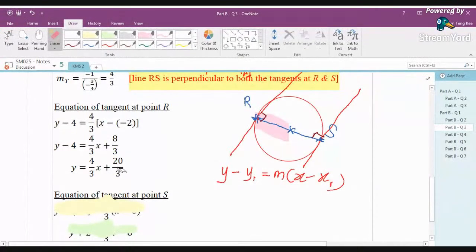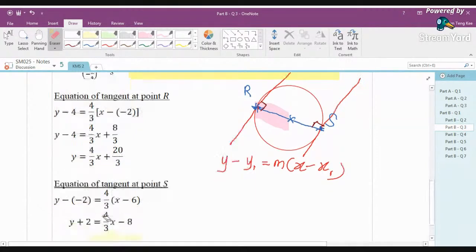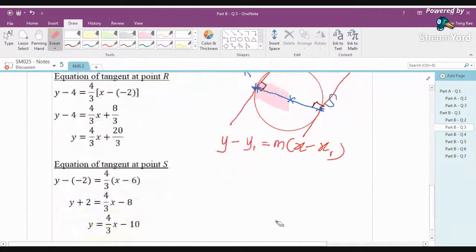Then I present the answer in the form y equals mx plus c. Whereas for the tangent at point S, this is the result we have, if I write it in the form y equals mx plus c.